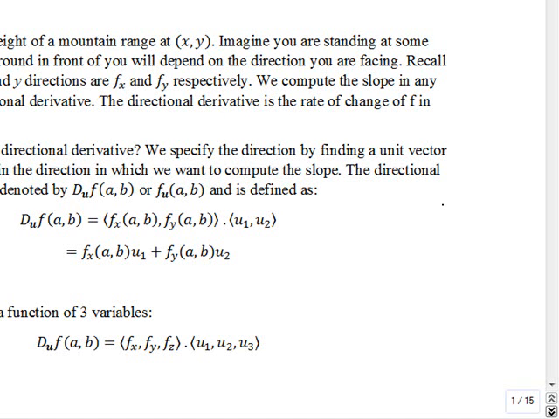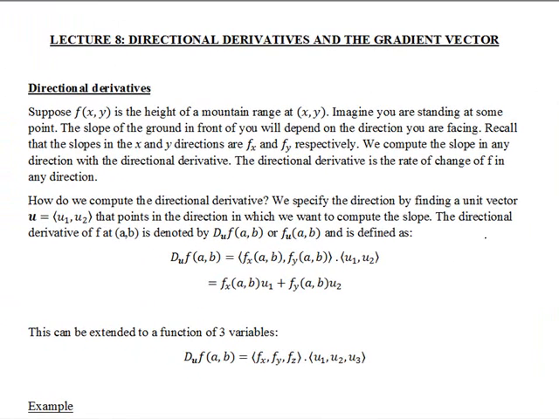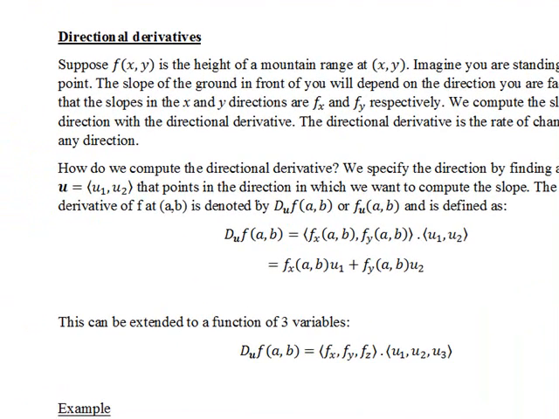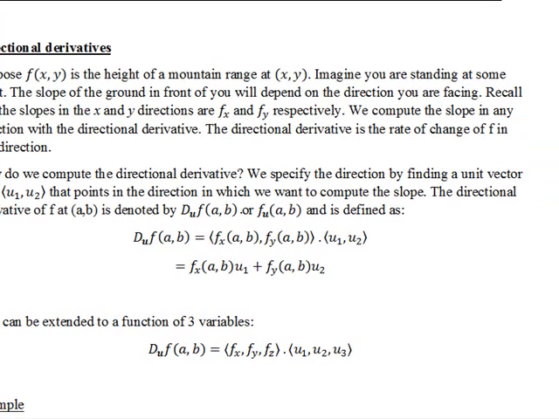All right, so now let us look at the definition of the directional derivative. The directional derivative of f at the point (a, b) is denoted by D_u f(a, b), where u is the unit vector pointing in the same direction in which you want to compute the rate of change. Sometimes you might see it written as f sub u of (a, b), and it is defined by this.